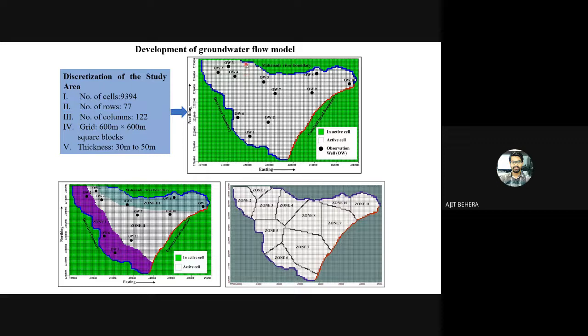This model domain is bounded by two types of boundary condition. One is the river boundary condition, another is the constant head boundary condition. The constant head boundary condition is at the Bay of Bengal. That means through this line we have constant head, there is no change in hydraulic head value.